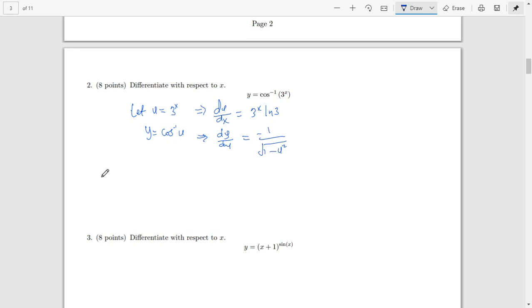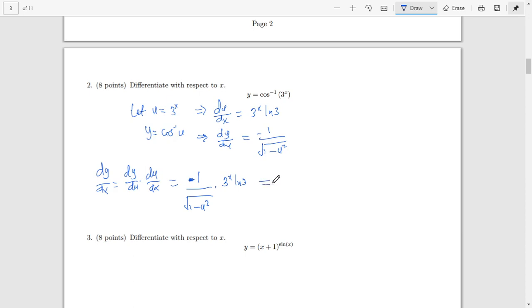So by function of a function, we have that dy/dx should be equal to dy/du multiplied by du/dx. This should be equal to my dy/du, which is negative 1 over the square root of 1 minus u squared, multiplied by du/dx, which is 3 to the x ln of 3.